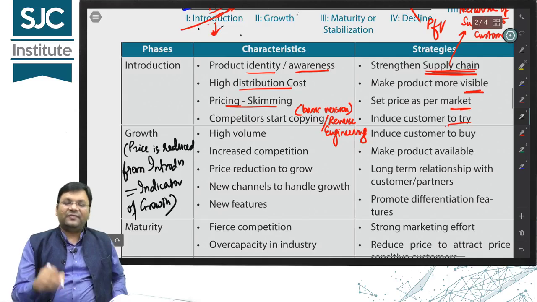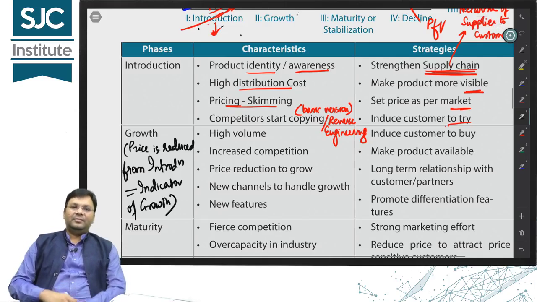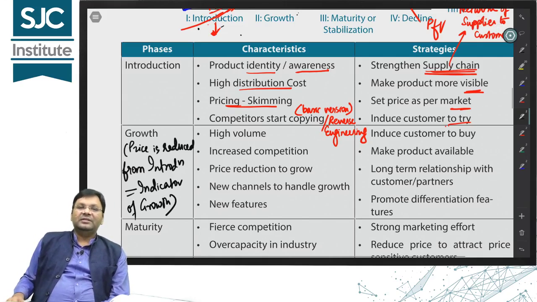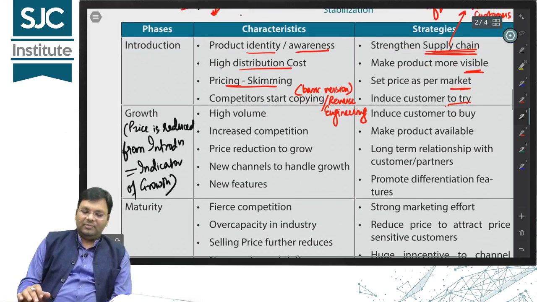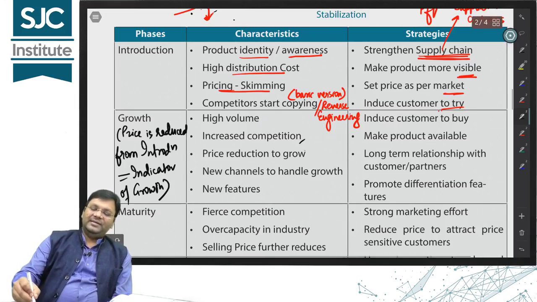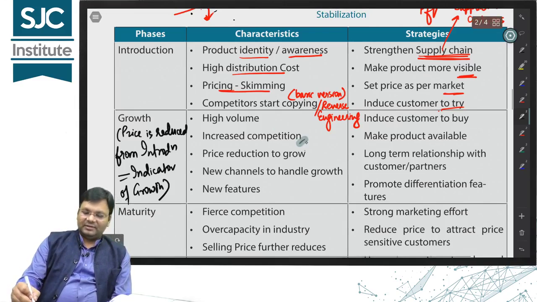So if a question is asked in the exam, how will you identify that the growth stage has started? You will just see the change in price. In introduction, we don't change price, but the moment the price is reduced, you'll understand the growth phase has started. And the characteristic of the growth phase is high volume. Of course, now competitors have launched their product. Initially a basic version, now a full-fledged launch is there.